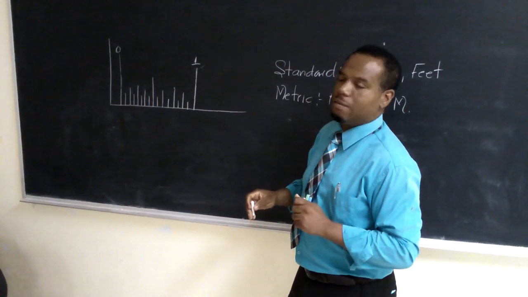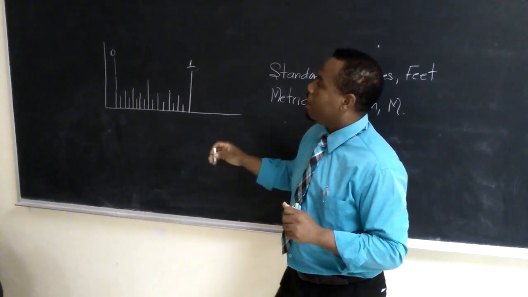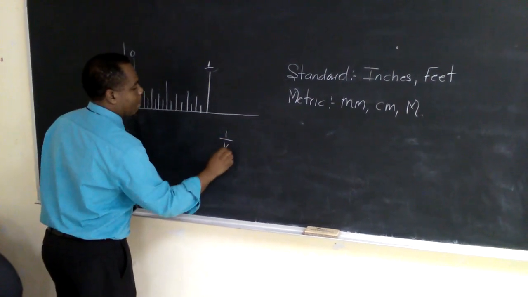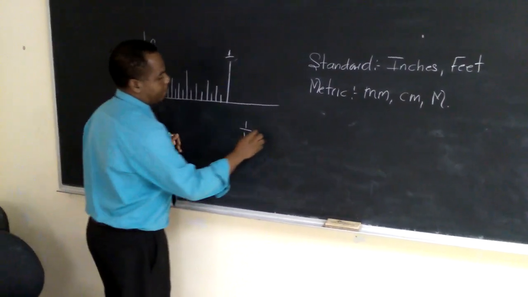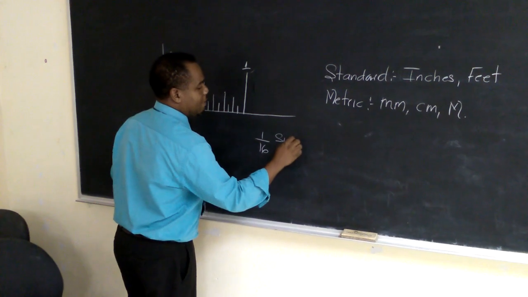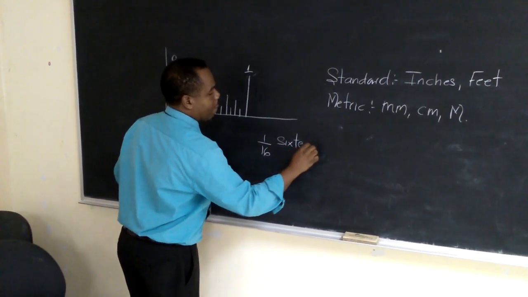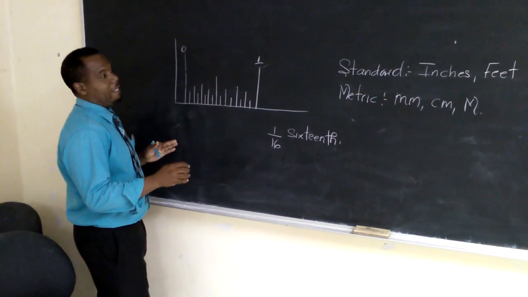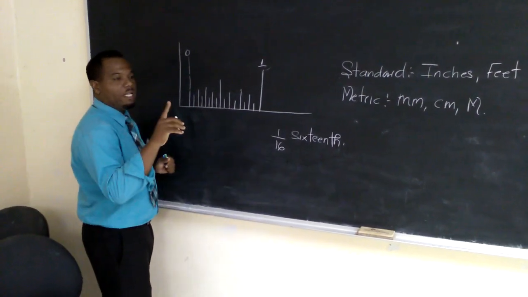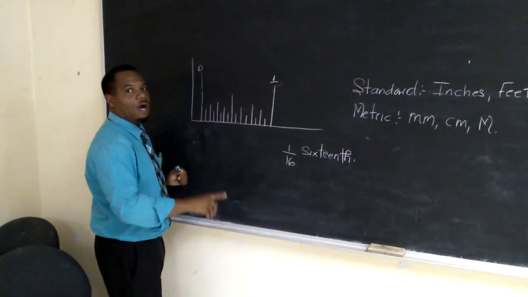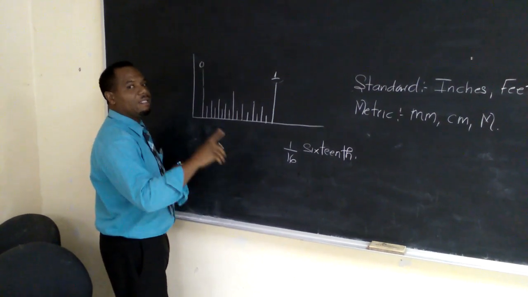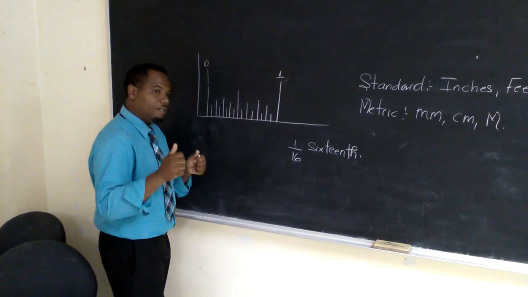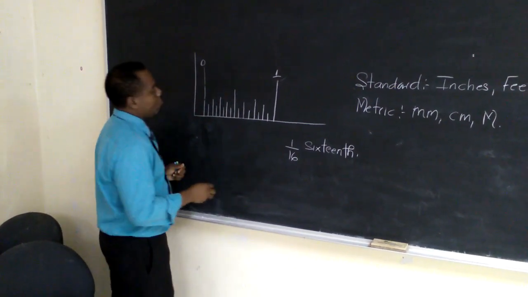Now each of these marks here is called a 16th. So, what we'll find is that in 1 inch, there are 16 sixteenths.